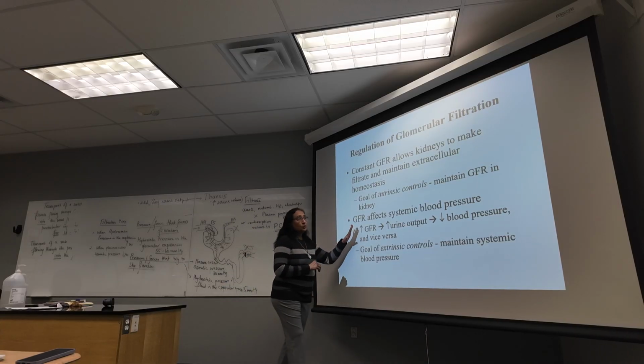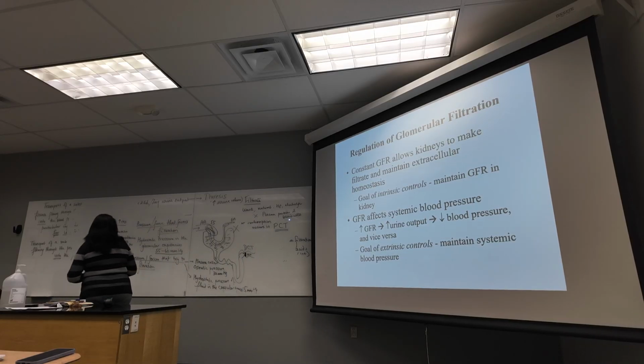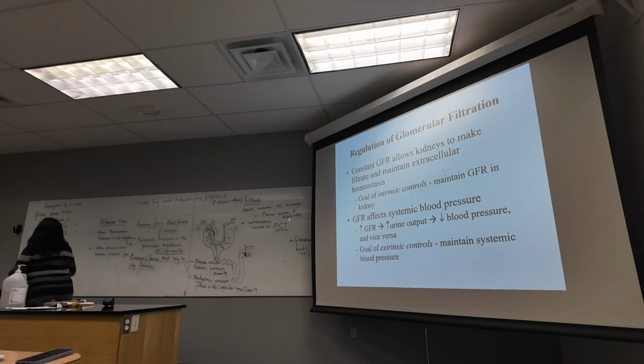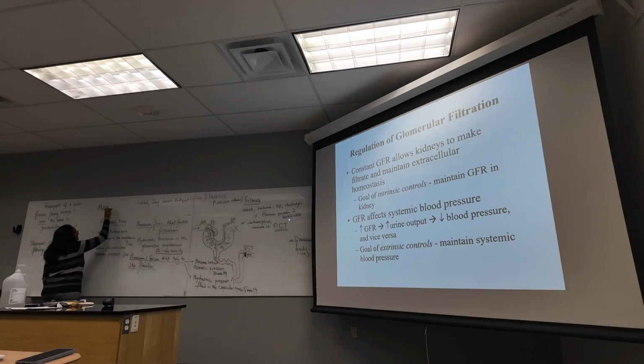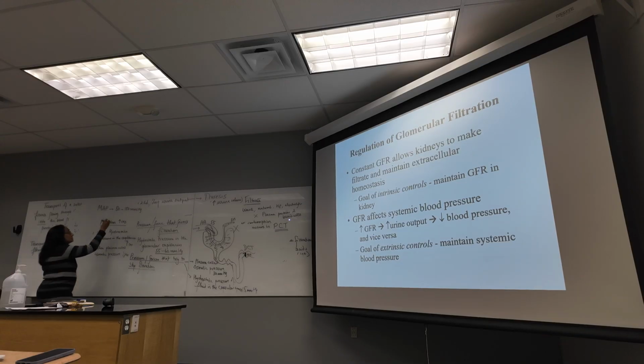As long as the mean arterial pressure is anywhere between 80 to 180 millimeters of mercury, you know that the mean arterial pressure is roughly 100.